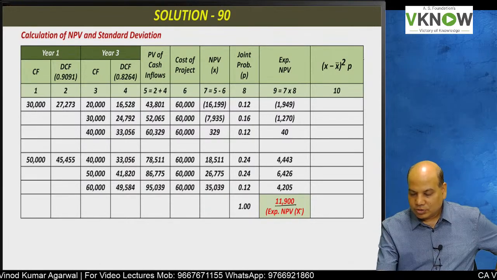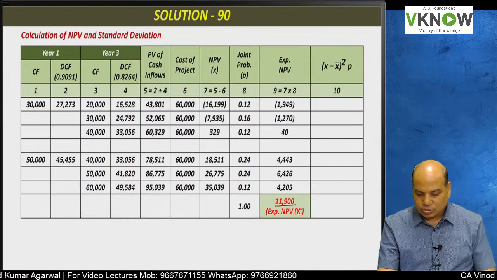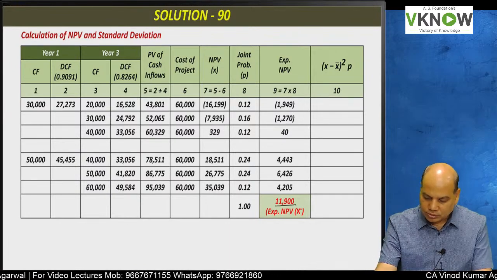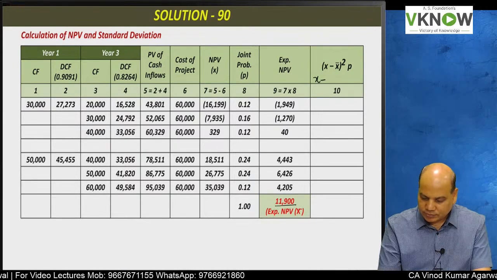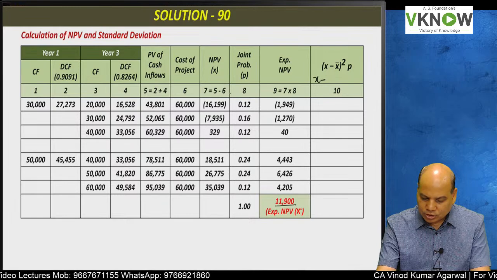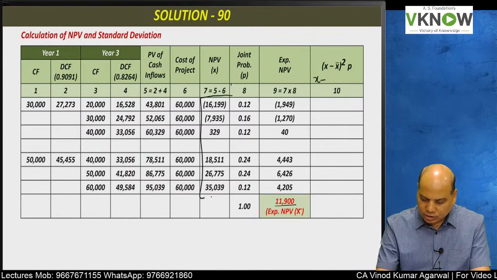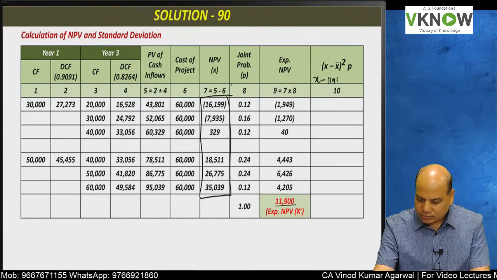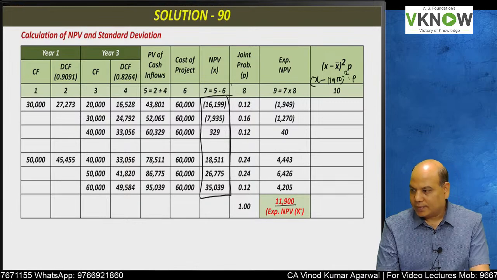Okay, now important thing is how to compute the standard deviation. X minus, what is X here? This column is X minus 11900 square into probability.